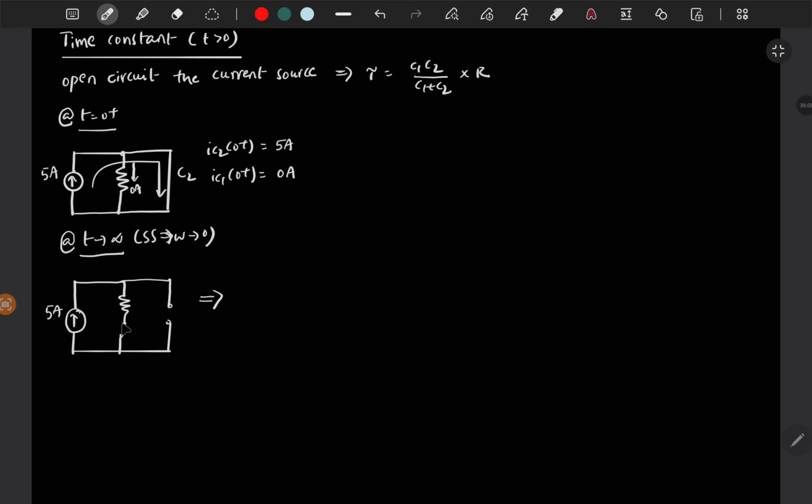So these two are high impedances. A high impedance in series with some other impedance is equivalent to that high impedance, right? So this is a resistor and this is high impedance. So equivalently you can represent it as a high impedance, which is C1.